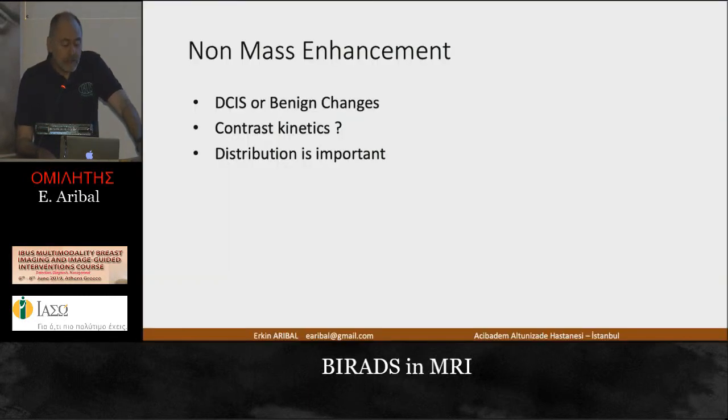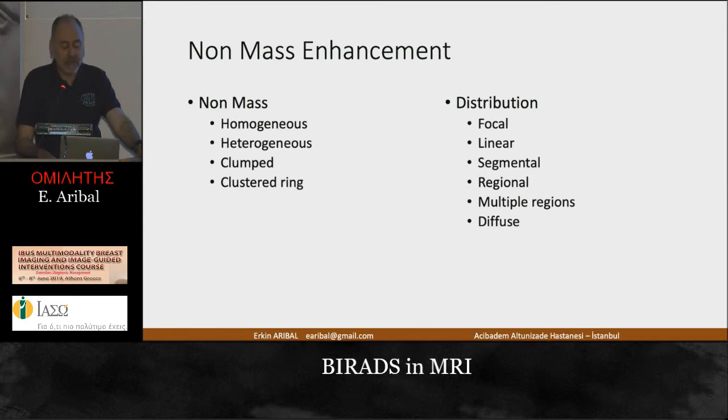So one of the problems or challenges in MRI reporting is the non-mass enhancement patterns. It's somehow equivalent to the calcifications in mammograms. So non-mass enhancement is categorized as homogeneous, heterogeneous, clumped, and clustered ring. And the distribution is almost comparable with mammogram as focal, linear, segmental, regional, multiple regions, or diffuse.